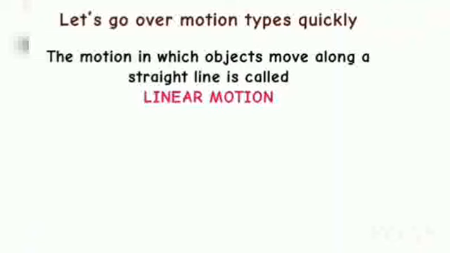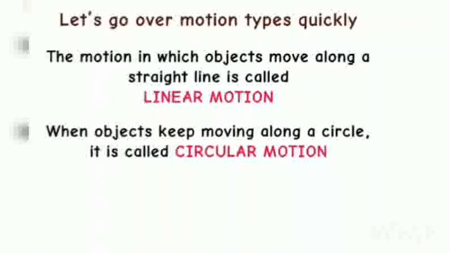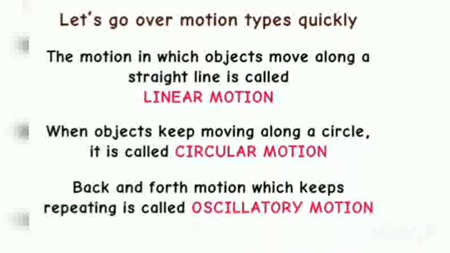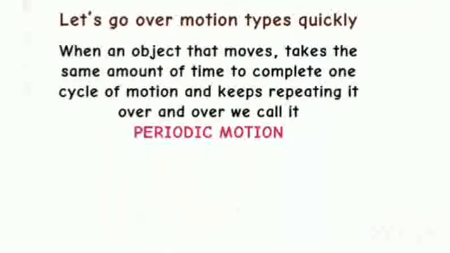Let's take a quick recap of these motions. The motion in which an object moves along a straight line is called linear motion. When objects keep moving along a circle, it is called circular motion. Back and forth motion, which keeps repeating, is called oscillatory motion.